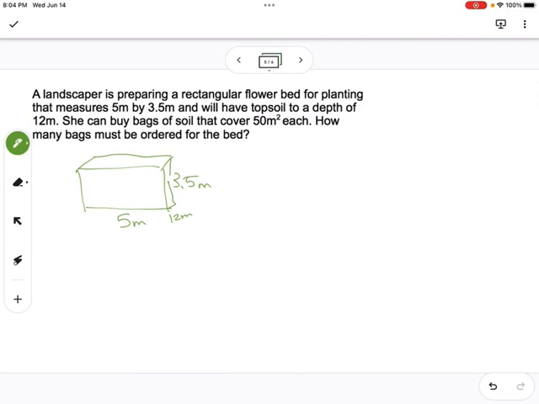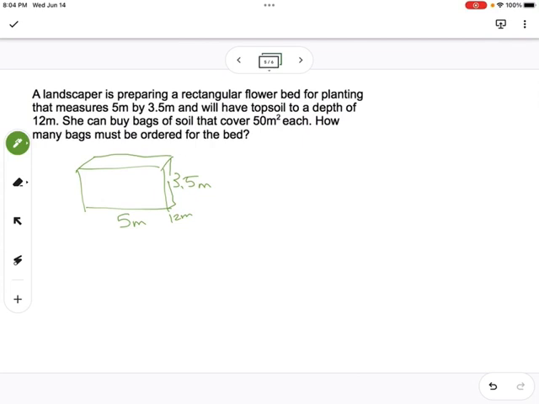Clearly my drawing is not to scale, so don't go by that, but we do have the 3 measurements there. She can buy bags of soil that cover 50 meters squared each. How many bags must be ordered for the bed?